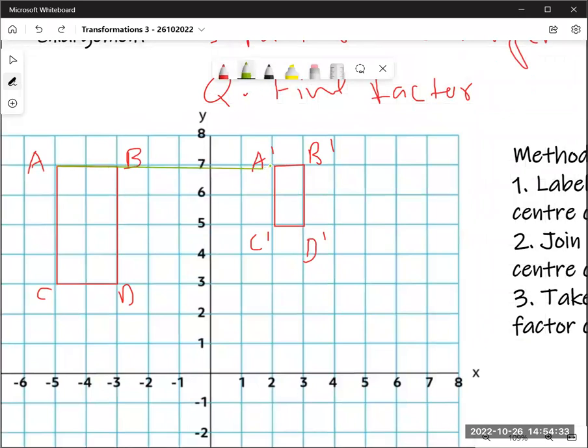So let's say this one with this one, this one with this one, C with C dash, and finally D with D dash.